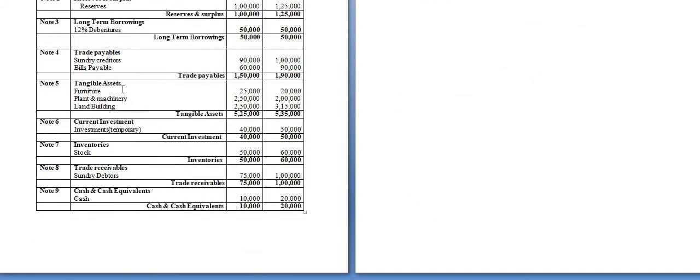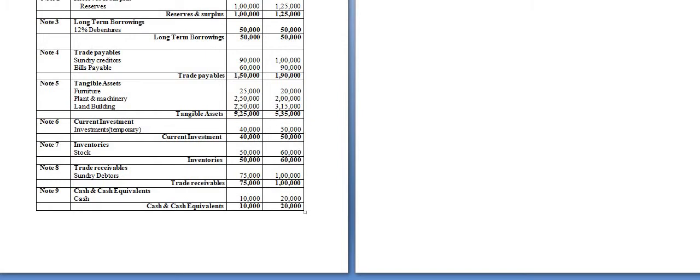Here you can check. Tangible assets include furniture of rupees 25,000 for 2018 and for 2019 it is 20,000. Then plant and machinery, 2,50,000 for 2018 and 2 lakh for 2019. Land and building, 2,50,000 and 3,15,000.